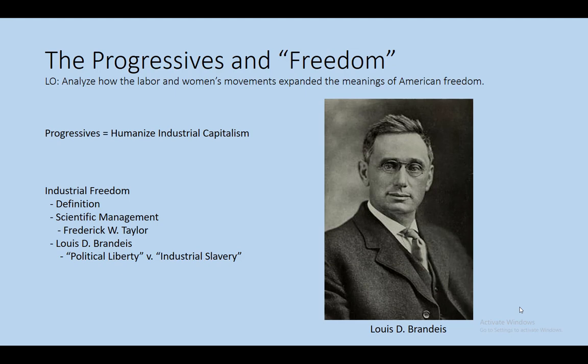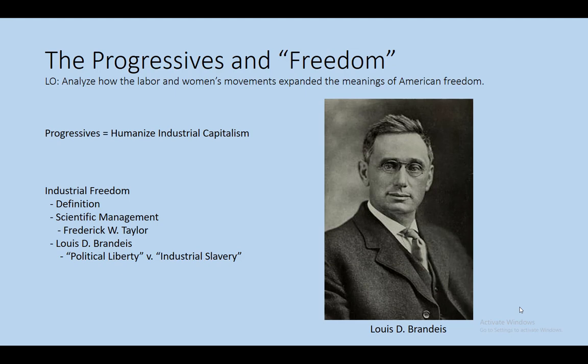And they were really up against some pretty heady stuff, right? Everything from just the way it had been done to new, quote, scientific management techniques. So scientific management was come up with by a guy named Frederick W. Taylor. And scientific management was the idea that there was one best way of producing goods, which could be determined and then implemented, right?